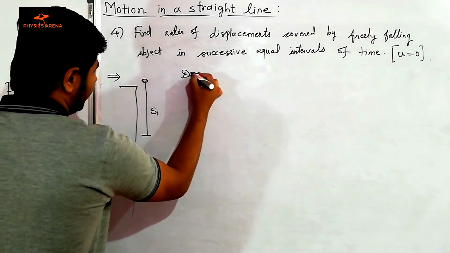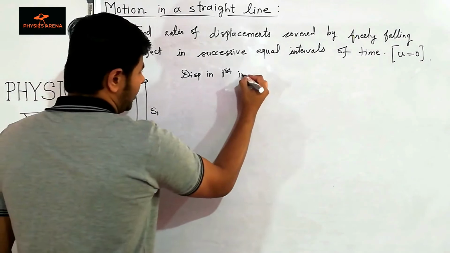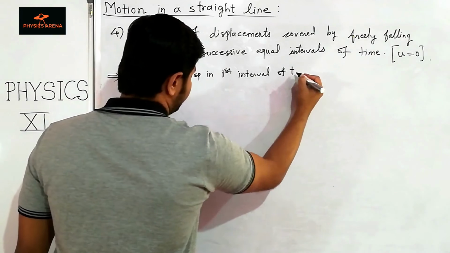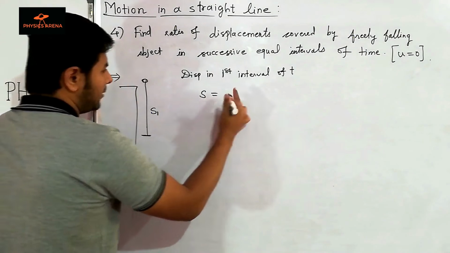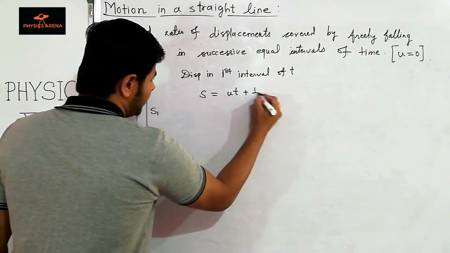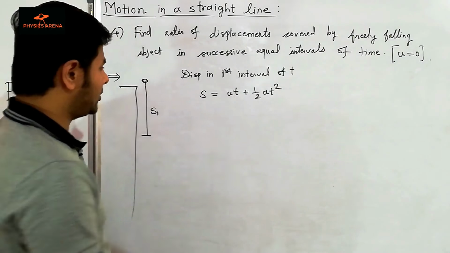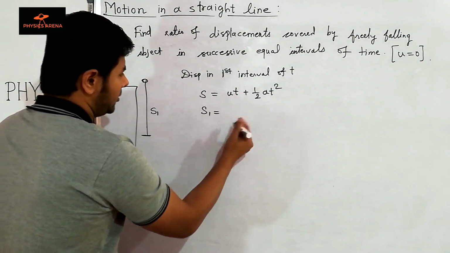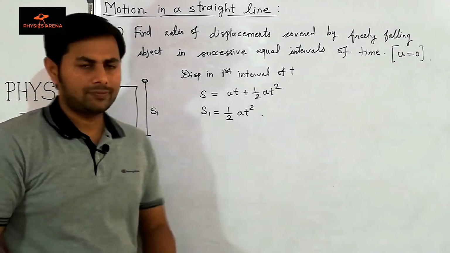So the displacement in the first interval of t is given by the formula s equals ut plus half at squared, and because u equals 0, s1 is just half a times t squared.